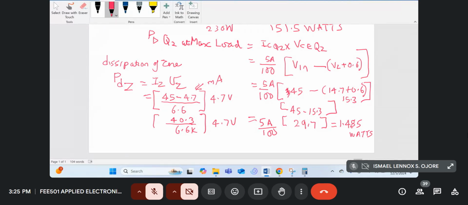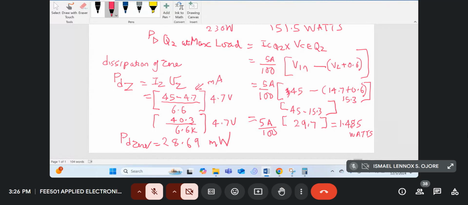So I'm getting 28.69 milliwatts. The power dissipation of the Zener is 28.69 milliwatts.